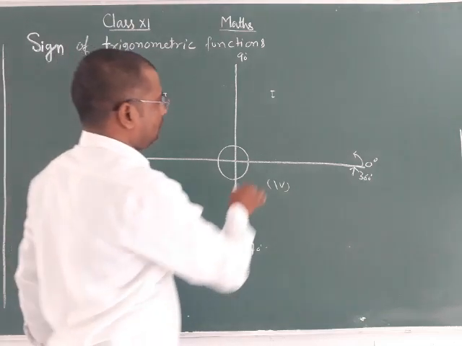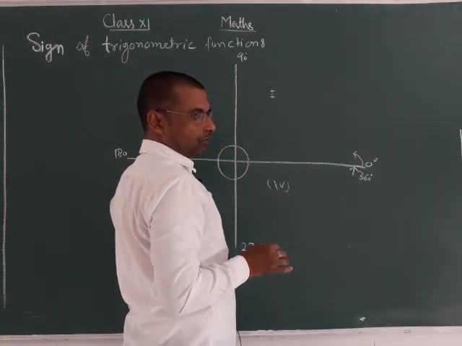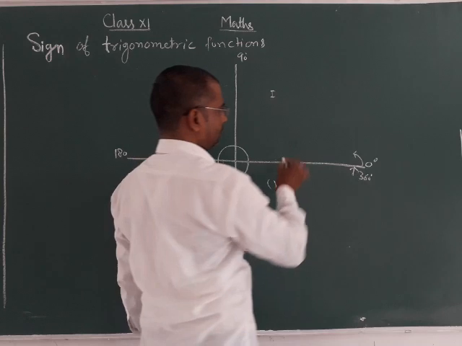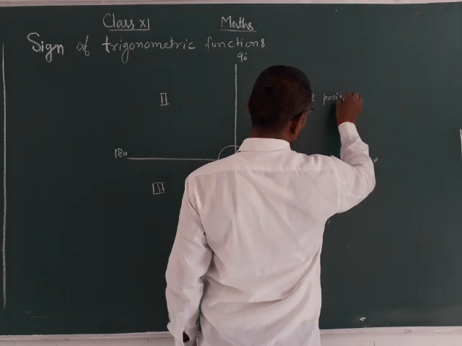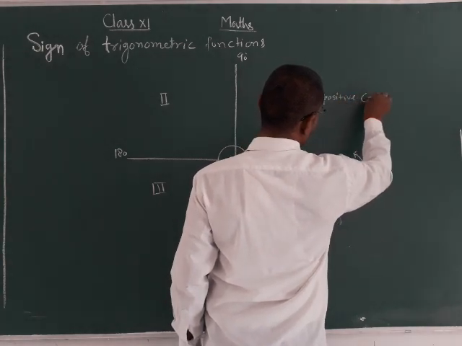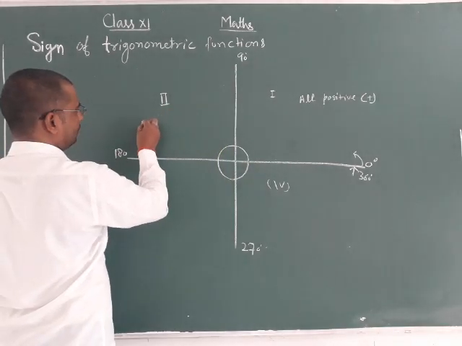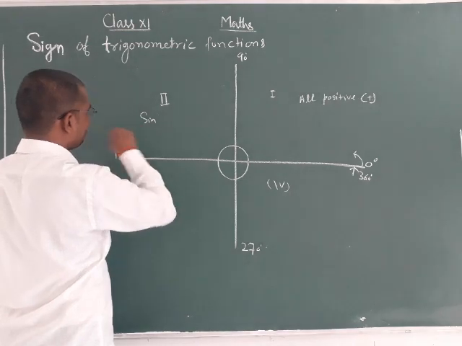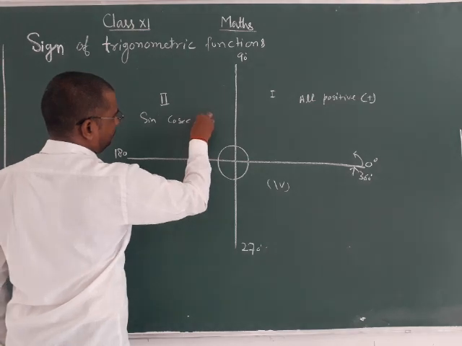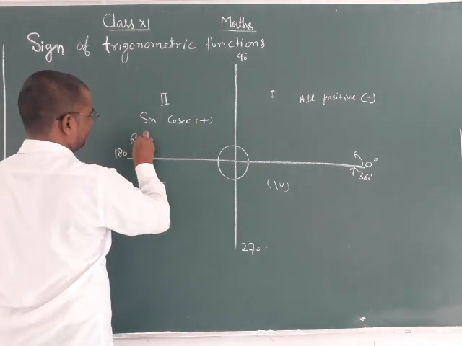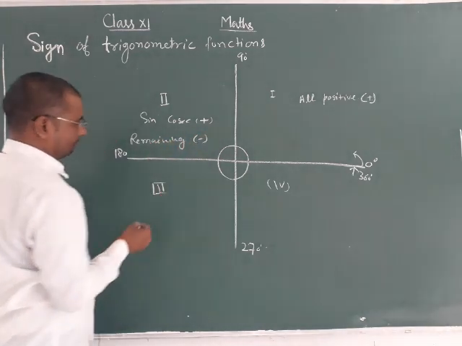So in the first quadrant, all values of the trigonometry ratios are positive. And in the second quadrant, sine and cosec are positive and the remaining ratios negative.